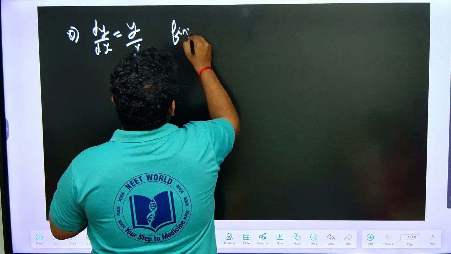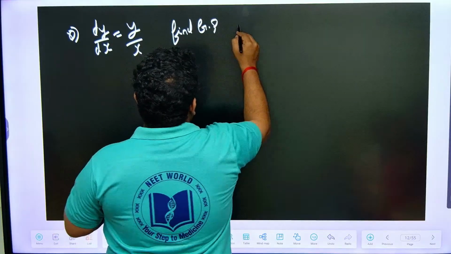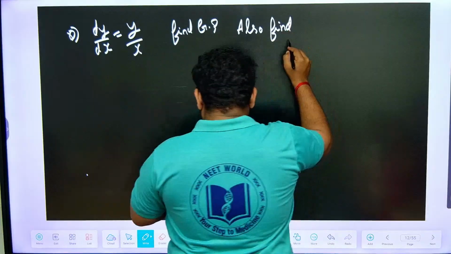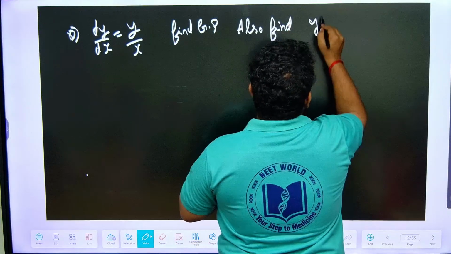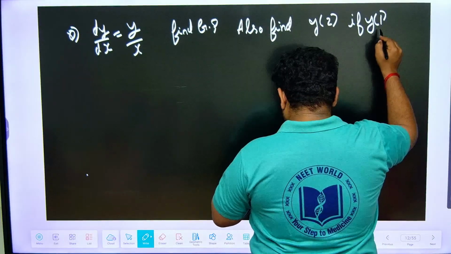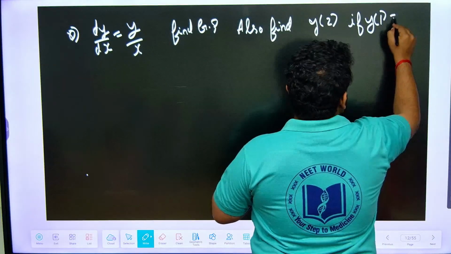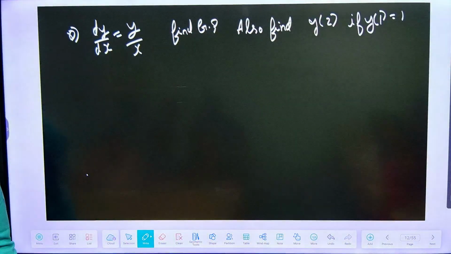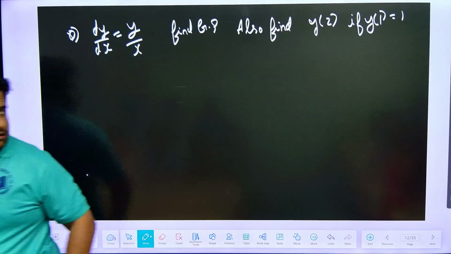Find the general solution. Also find y of 2 if y of 1 is equal to 1. So this is the question that is given.